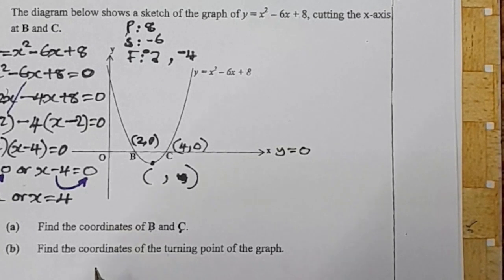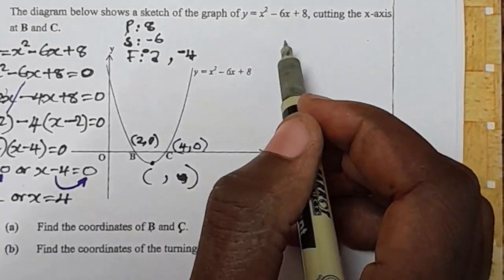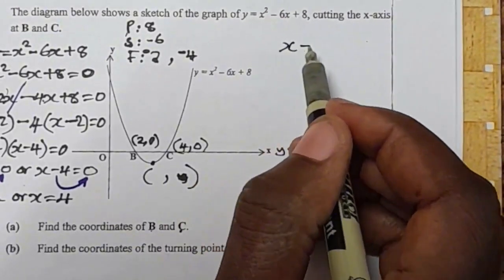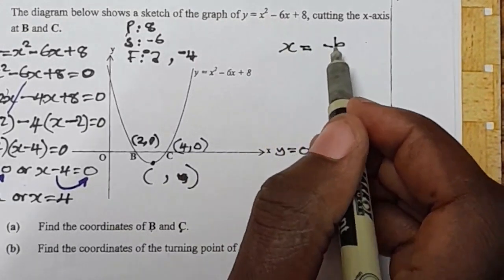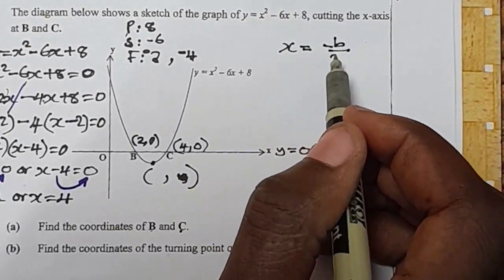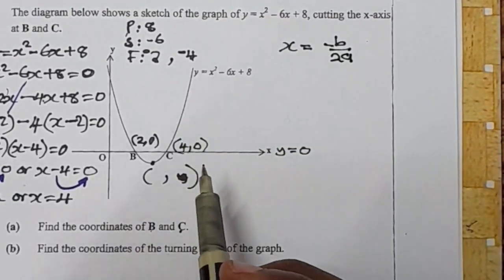Now, for you to find the turning point, first find the x coordinate. So the x coordinate is given by the formula x is equal to negative b over 2a. Negative b over 2a.